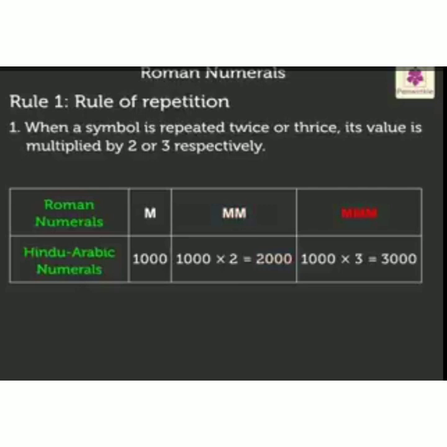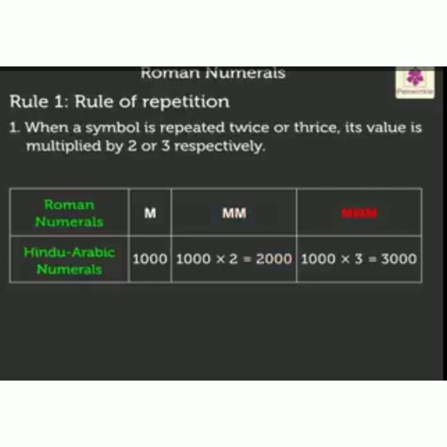The first rule, rule of repetition. In that, first, when a symbol is repeated twice or thrice, its value is multiplied by 2 or 3 respectively. Look at the table.